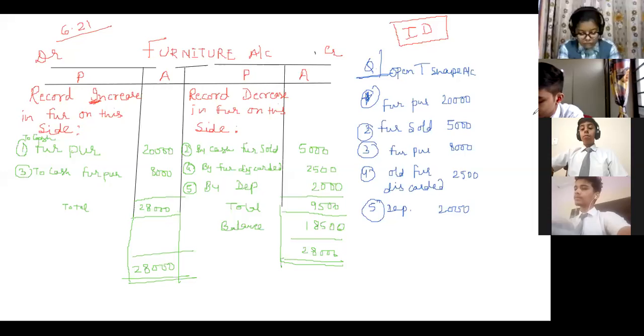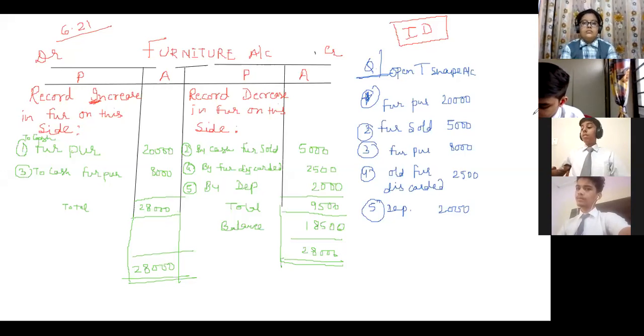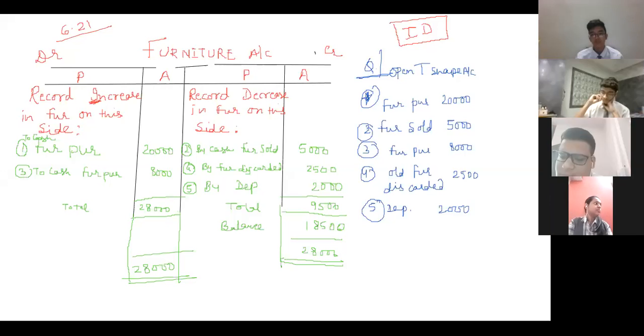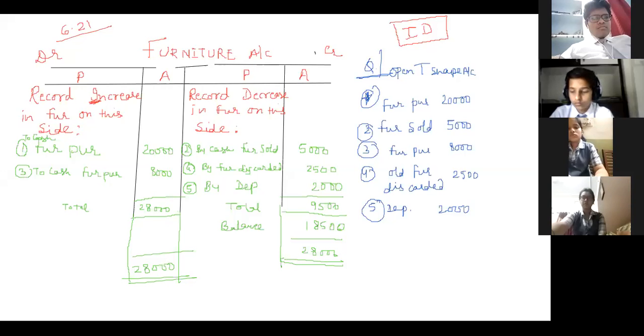Himang Tuteja, show your copy, beta. Show your today's work. I am unable to see. See, you are also doing it in a very rough way, beta. Make the lines with the scale and do it in a proper way. If you are doing it in your rough copy, then you have to do these questions again.